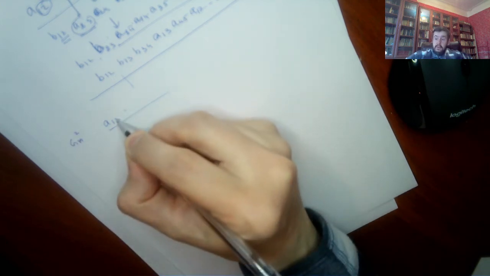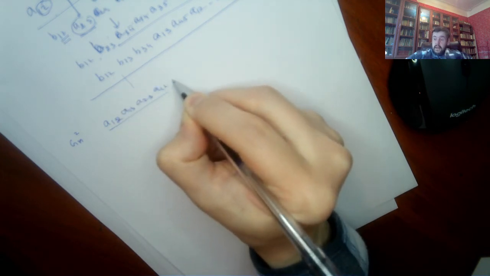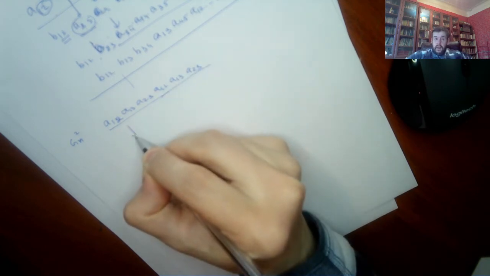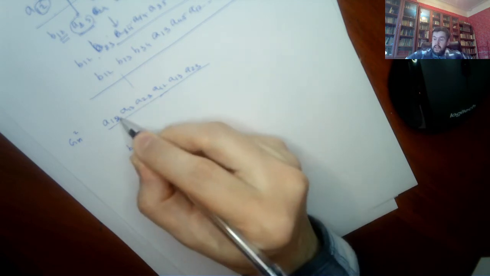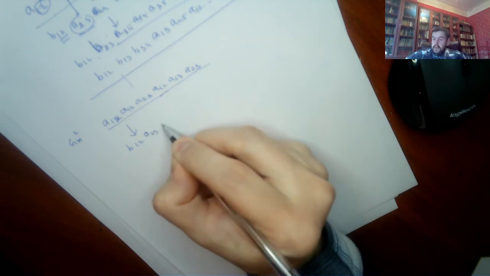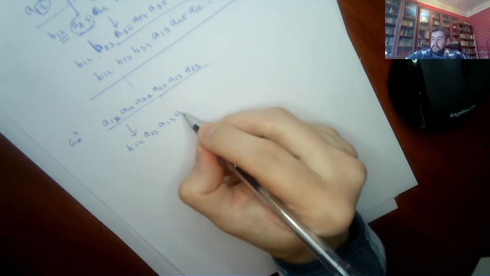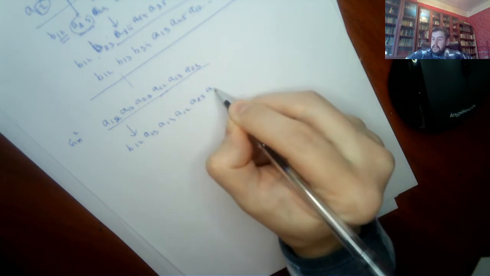Да? Допустим, мы имеем А1-2, А1-3, А2-3, А1-2, А1-3, А2-3. Что произойдет с буквами Б? Давайте посмотрим. B1-2, дальше 1 меняется с 2, мы имеем А2-3, А1-3, А1-2 так и останется, А2-3, А1-3, да?